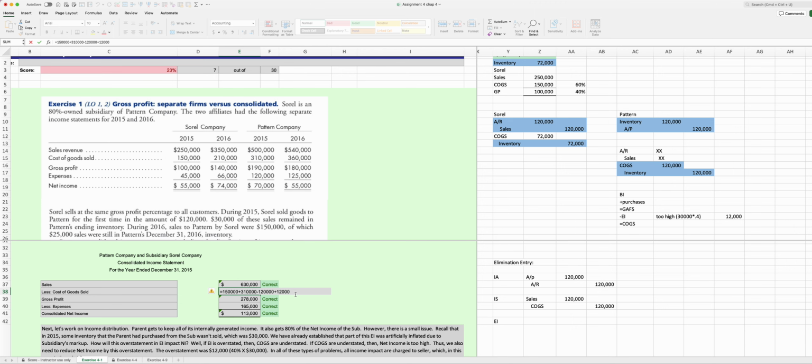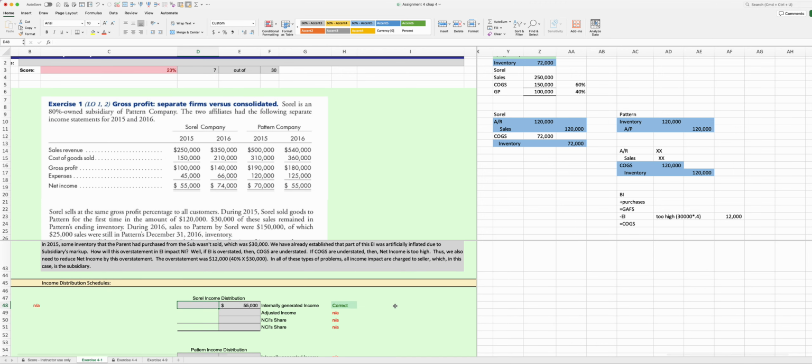But this 12,000 increase in cost of goods sold certainly reduces the net income, because this markup was already included in all of this, so we need to be cognizant that there is a markup we needed to eliminate from cost of goods sold. So we can debit that here in the income distribution schedule, because if credits represent the sales, then the debits represent the expenses of cost of goods sold, so let's subtract that amount here.